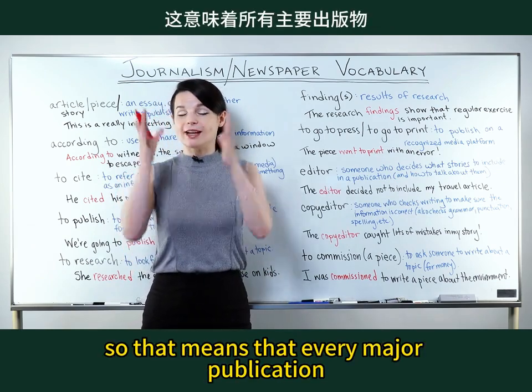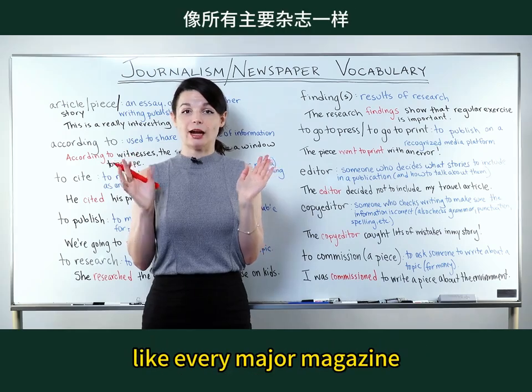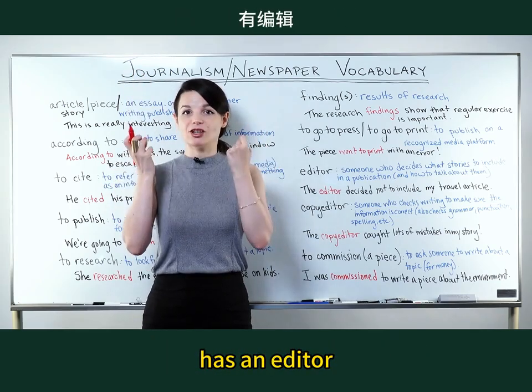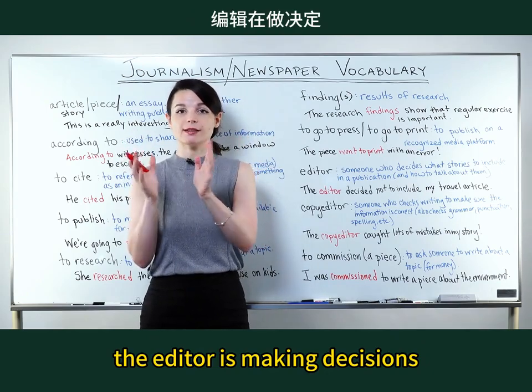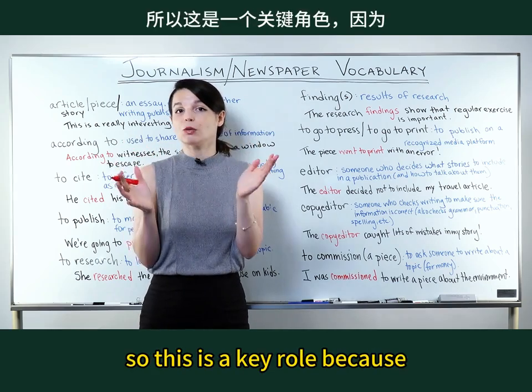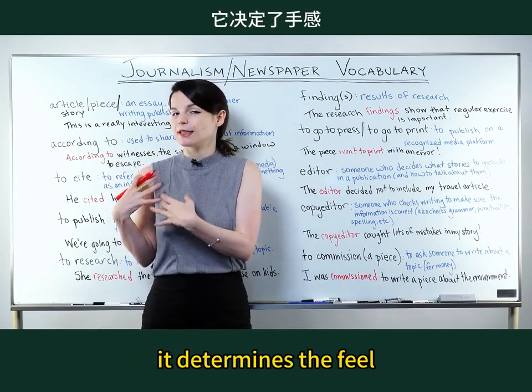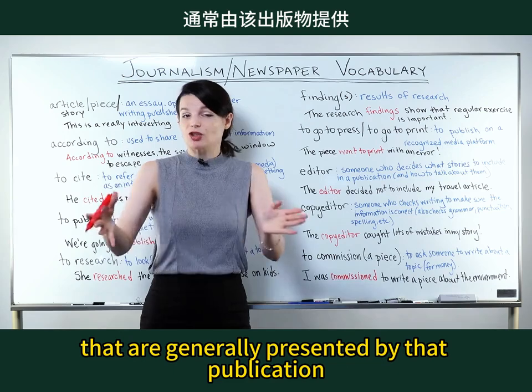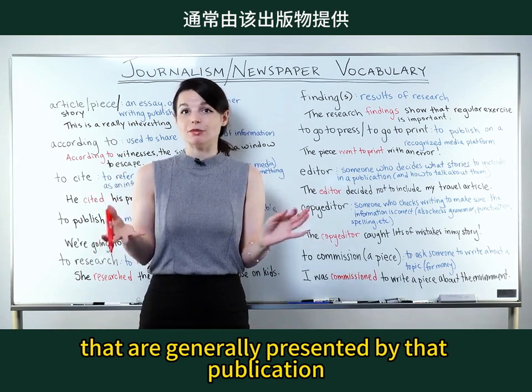So that means that every major publication, like every major magazine, every major newspaper, has an editor. The editor is making decisions about how to share stories. So this is a key role because it determines the feel and it determines kind of the opinions that are generally presented by that publication.